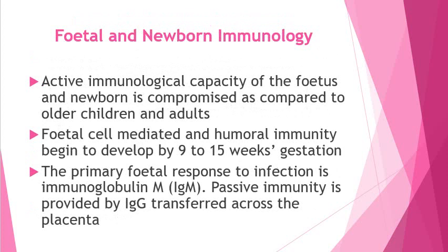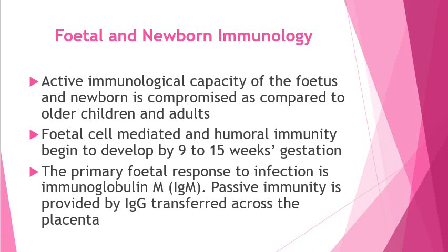And the fetal and newborn immunology. Active immunological capacity of the fetus and newborn is compromised as compared to children and adults. Fetal cell-mediated and humoral immunity begins to develop by 9 to 15 weeks of gestation, and the primary fetal response to infection is immunoglobulin.